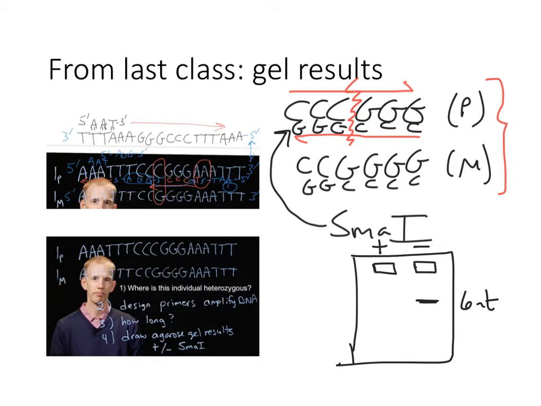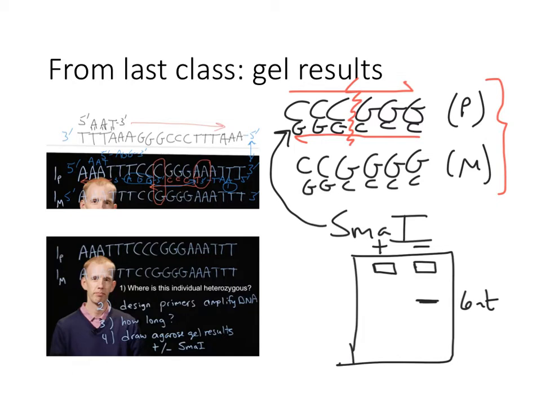So we have 2 molecules, one here and one here, right? The size of the DNA product doesn't differ depending on the fact that there's this mutation. The mutation hasn't changed the number of nucleotides. So it hasn't changed the size of the piece of DNA, just what it says, CCG or CCC. We can't tell the difference in DNA sequences on an agarose gel. We just look at size.